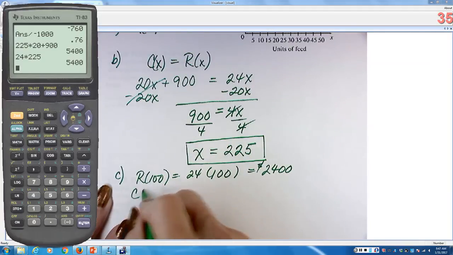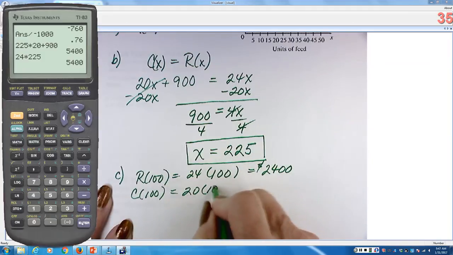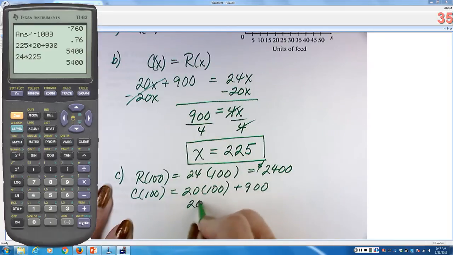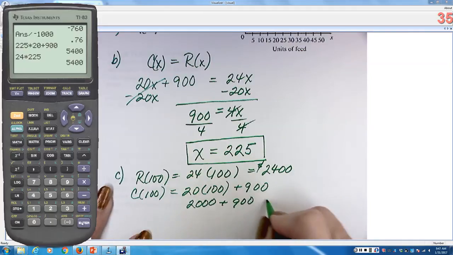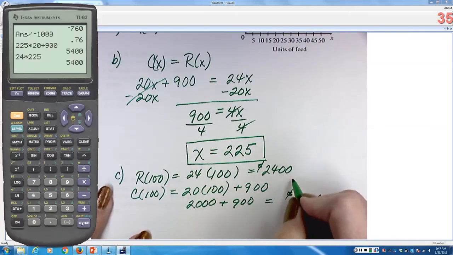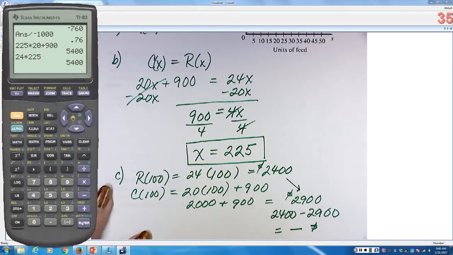Your cost for that same 100 units is 20 times 100 plus 900, which is 2,000 plus 900, which is $2,900. Revenue minus cost is negative $500.